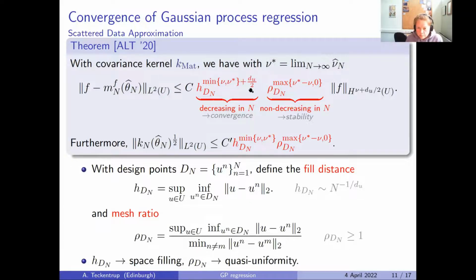Okay. Yeah, so the way that the dependency on n enters is through these two quantities. So there's the fill distance h, and then the mesh ratio rho. So the fill distance is a measure of how well your point set is filling out the domain U, right?